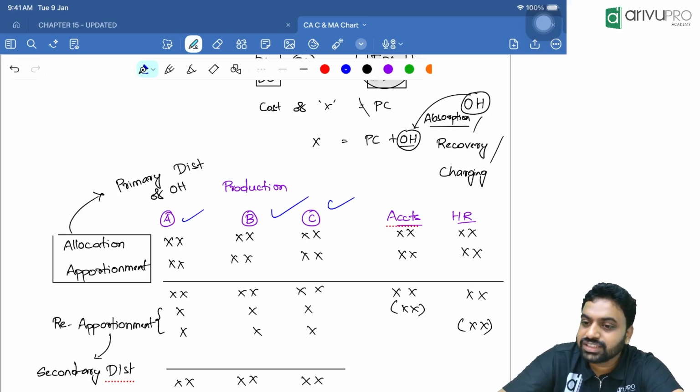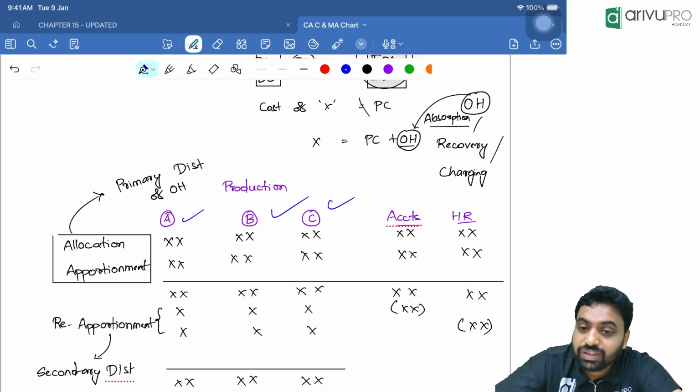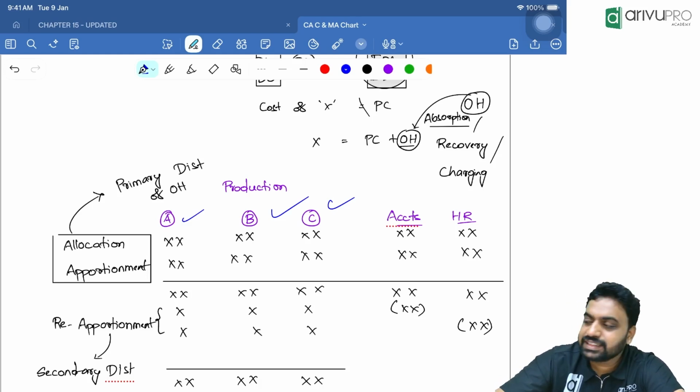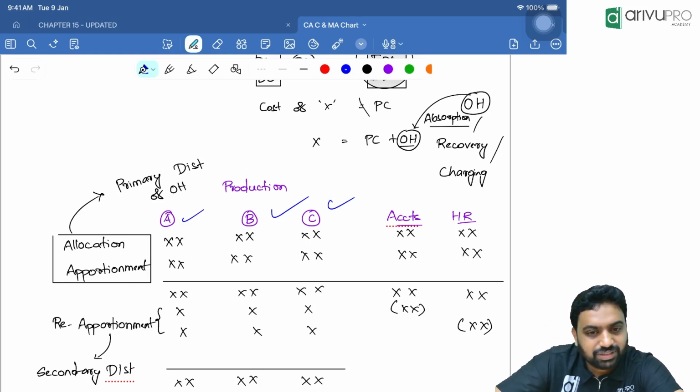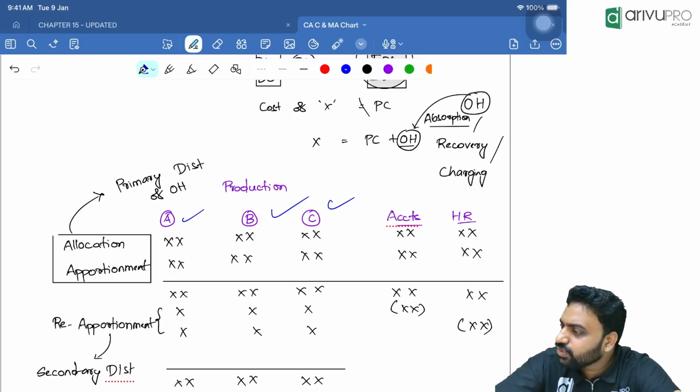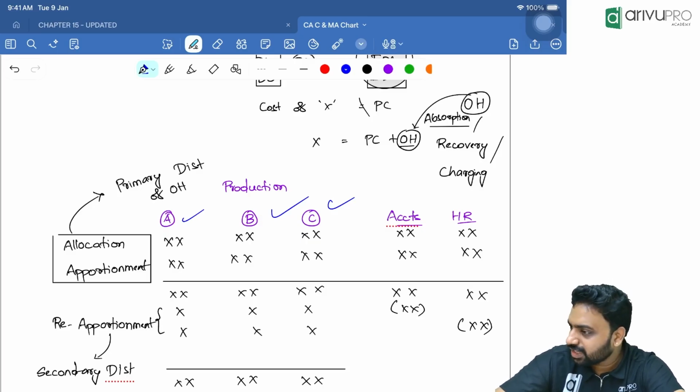That one we call the machine rate. I don't divide the overheads on department basis, rather I divide them on machine basis. That is the machine rate. So these are the few aspects in the overheads chapter.